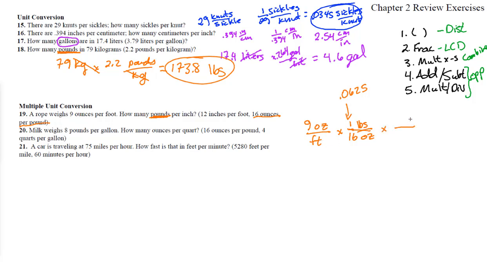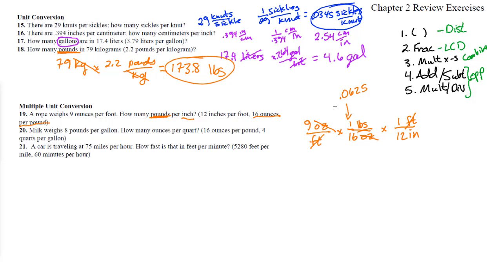So we have to times by some feet on the top, and we need inches on the bottom. Wow, this is 2 of them. This is pretty tough. So 9 ounces per foot, we're going to times by that, and the ounces will cancel. Now when we times by inches per foot, we've got to flip that over on its head like that, and then the feet will cancel. Okay, so that's multiplication of fractions. Anything on the top will cancel with anything on the bottom, even units.